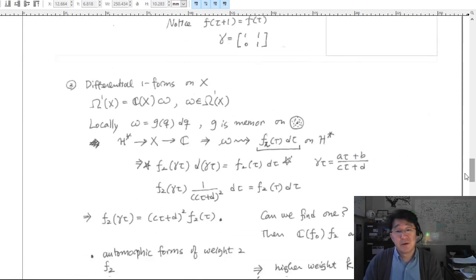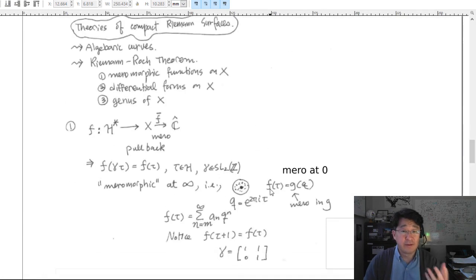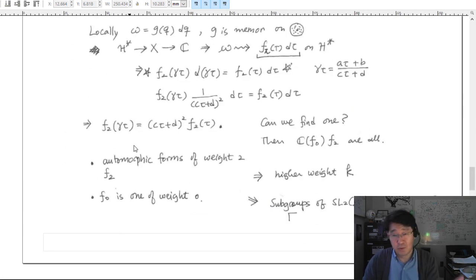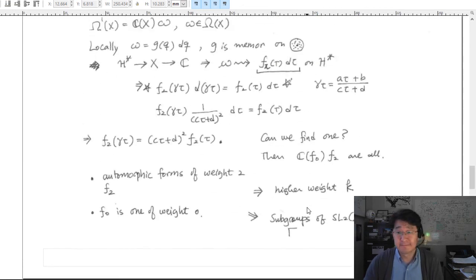And then you can think about automorphic functions and differential forms with the same type of transformation structure, not for all of SL2Z, but for the SL2Z elements coming from the subgroup of SL2Z.